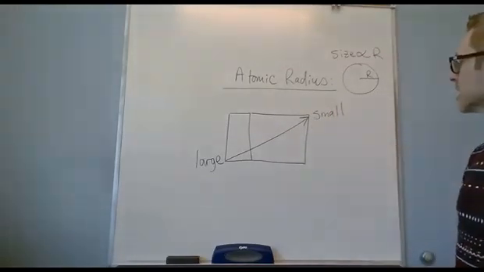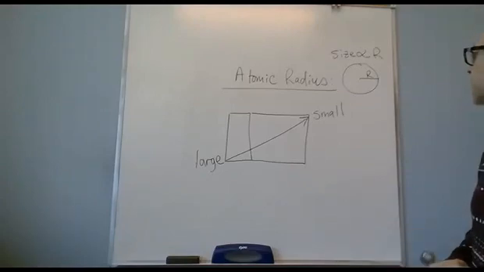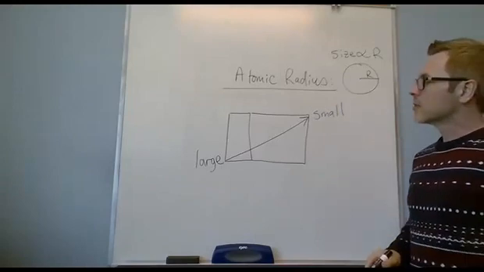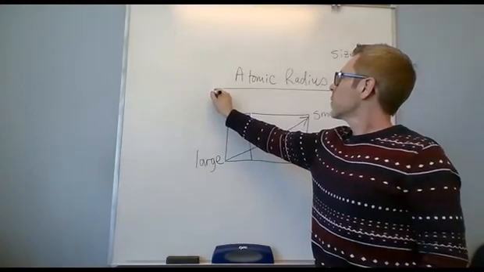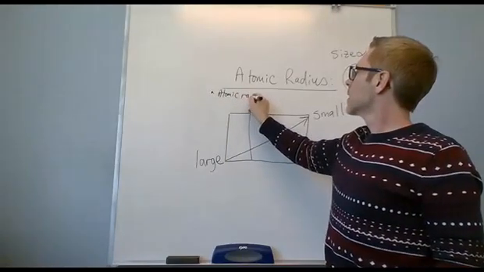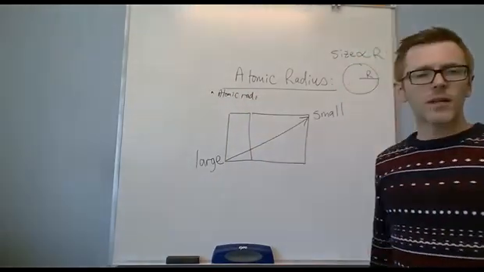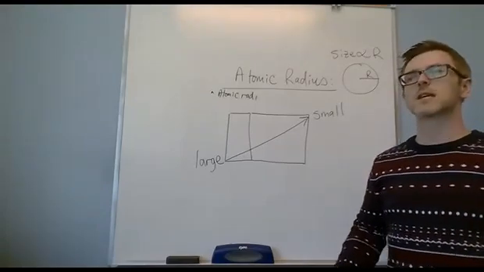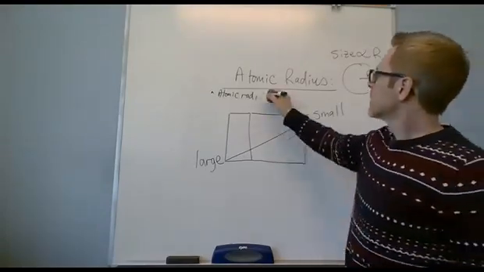Okay, so we have the large end and the small end. To put this into academic language, we would say atomic radii. The plural of radius is radii, so we don't want to say radius, we want to say radii.